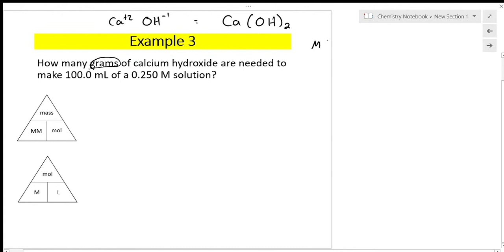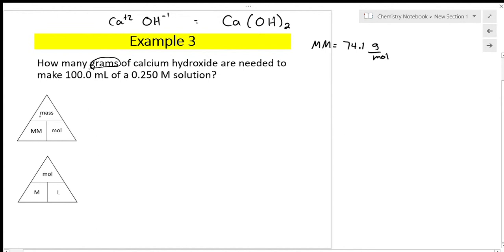So for the molar mass for this, you have, let's see, calcium is 40.1. There's 2 oxygens, so that's 16 plus 16 plus hydrogen is 2.02 for both hydrogens. So we're looking at about 74.1 grams per mole. Okay. Let's go ahead and let's see what we have in our problem.